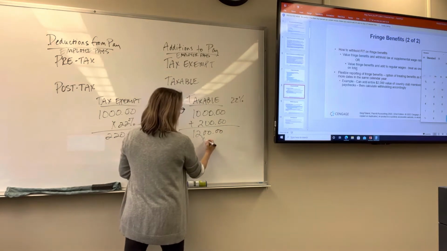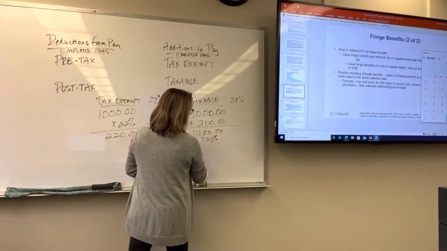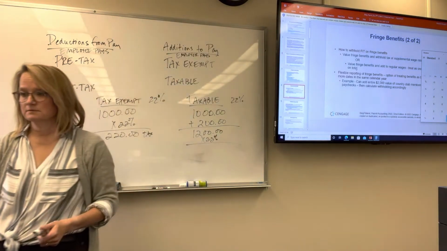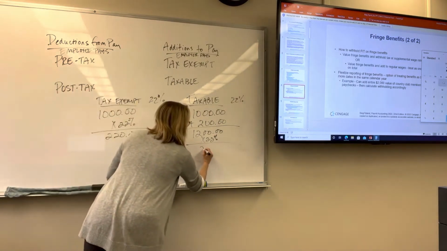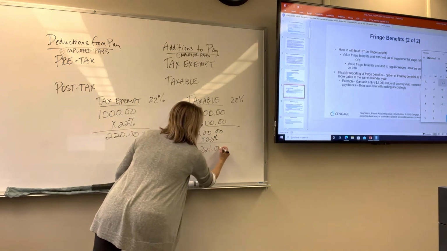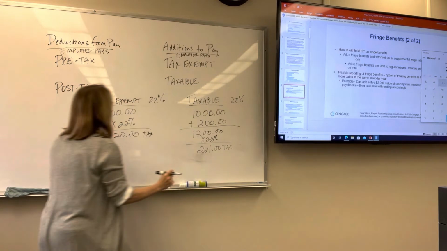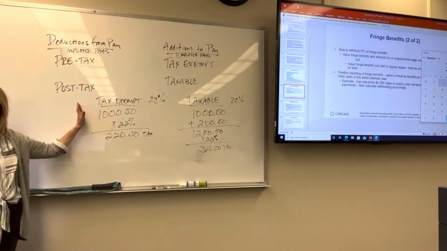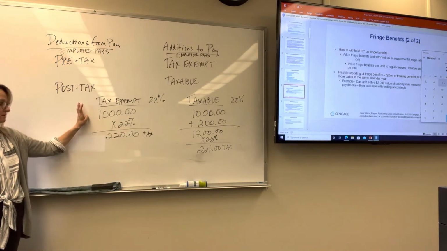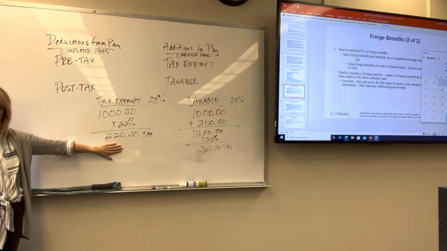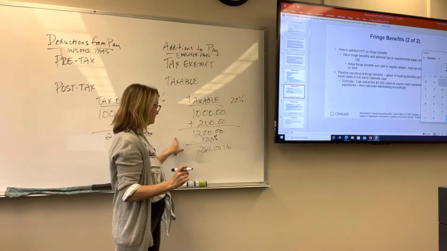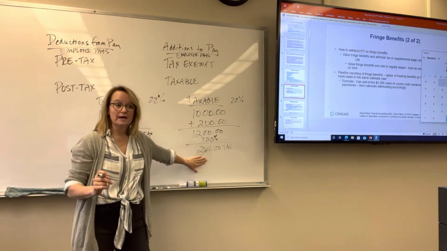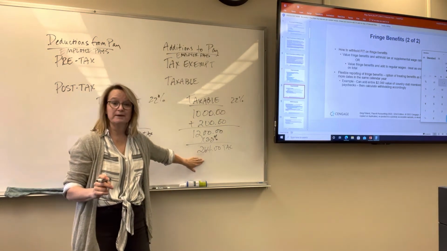Then we're going to multiply it by the 22% tax rate. 264. So you can see how if it's a tax exempt benefit, we're going to pay lower tax. We're going to have less withholding. And if it's a taxable benefit, we're going to end up with more withholding and pay more in tax.